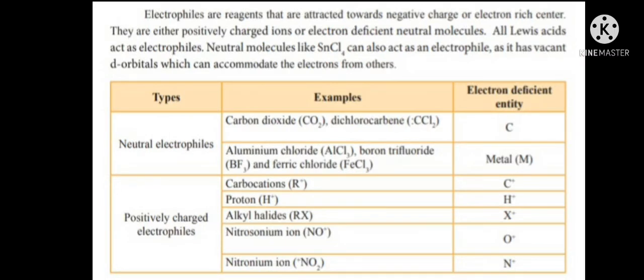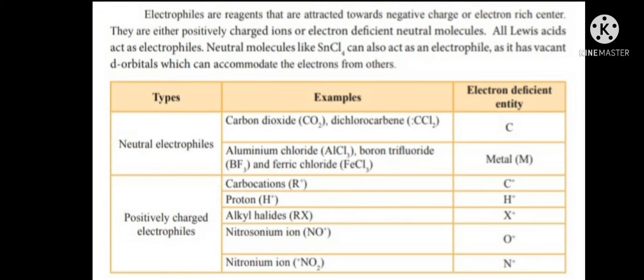Next, let me discuss electrophiles. Electrophiles are reagents that are attracted towards negative charge or electron-rich centers. Here, electrophiles are electron-deficient substances. They are attacked by electron-rich substances.